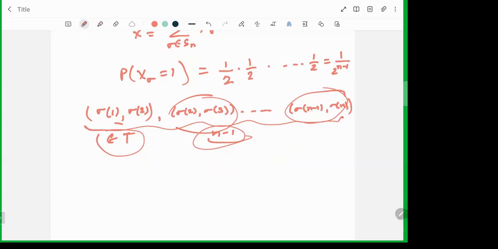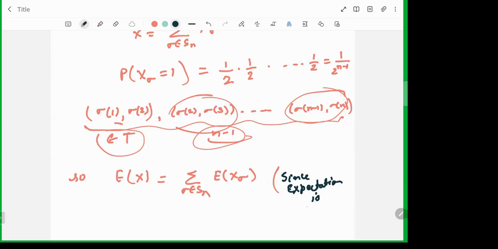So thus, the expectation of the random variable x is the summation over sigma belonging to S n of the expectation of x sigma, because we have seen that x is the summation of x sigma, and expectation is linear.